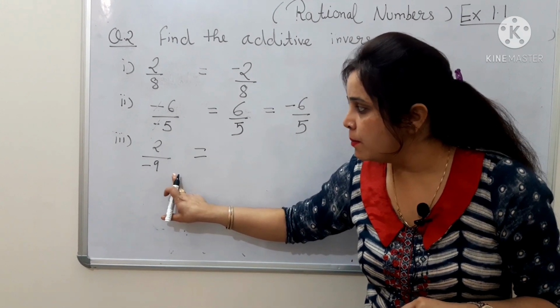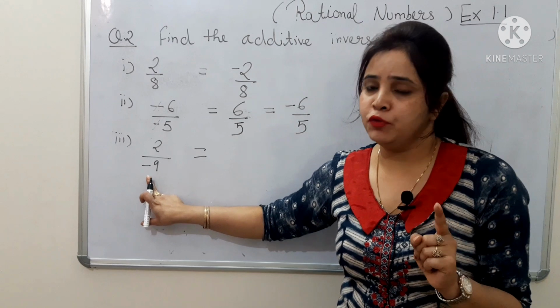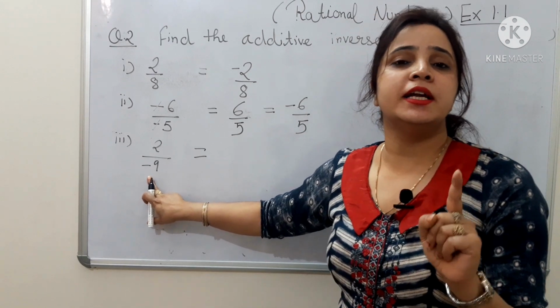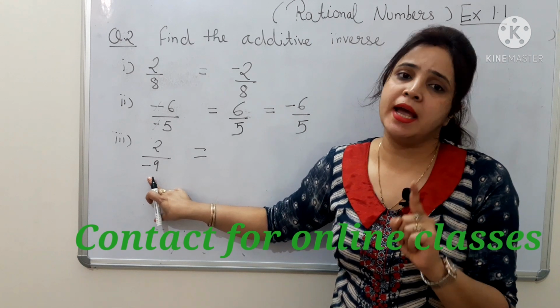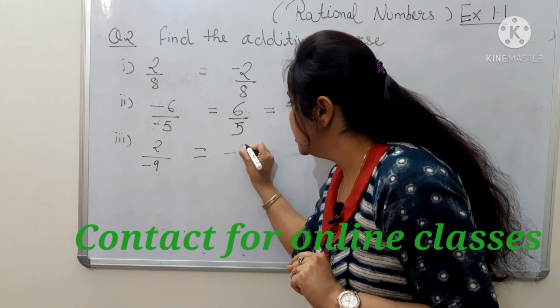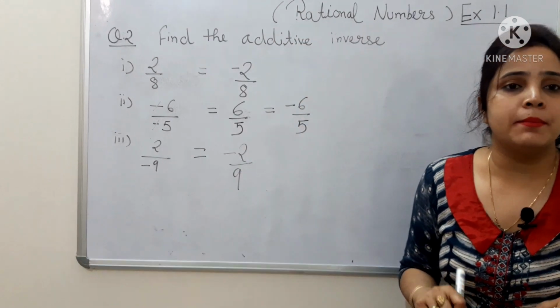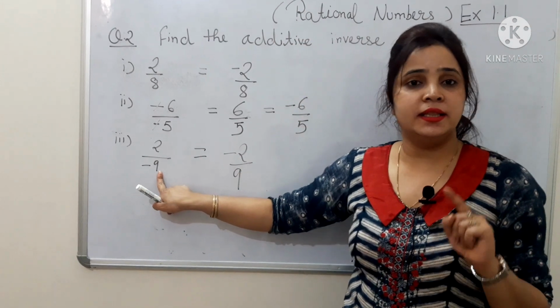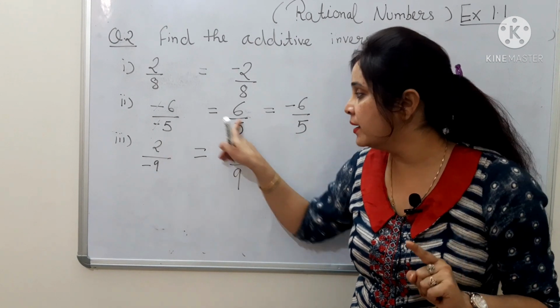Now 2 upon minus 9. Student, listen to me carefully, whenever the minus sign is in the denominator, your first task is to bring that minus sign in the numerator. This is called the standard form of the rational numbers. If the minus sign is in the denominator, your first task is to bring it in the numerator.